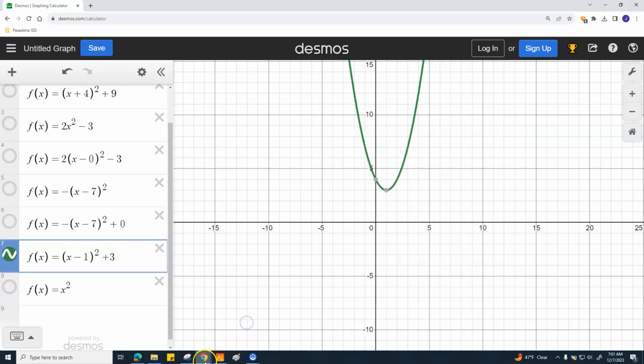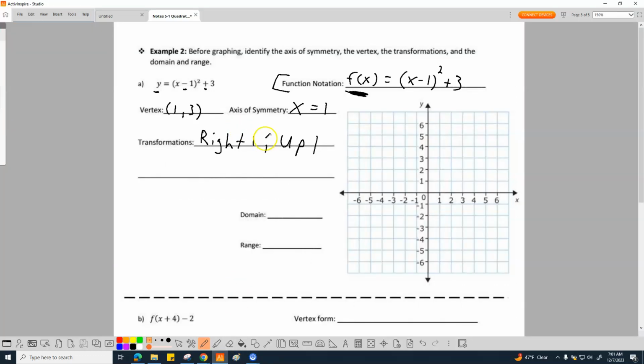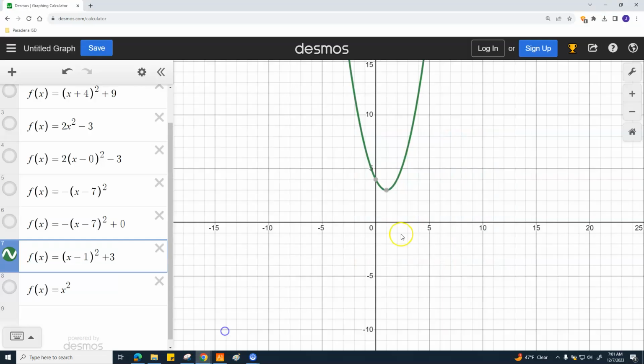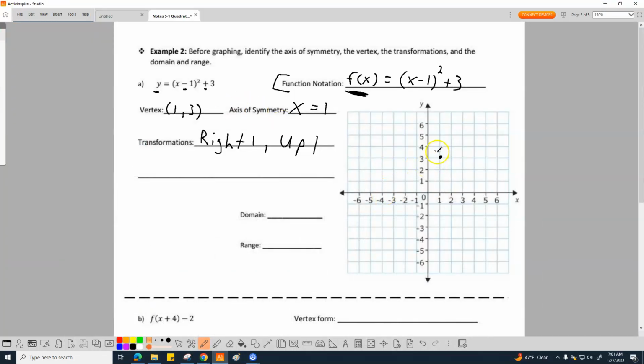I want you to graph it. When you have this down, and again, you are going to learn how to do this by hand without Desmos. But we have that point there. What's the next point we have? We have this point here, which is 0, 4, which is here. And then we can go here.